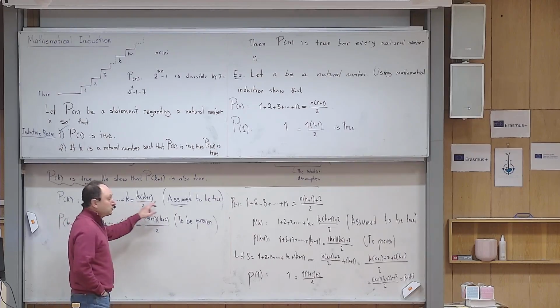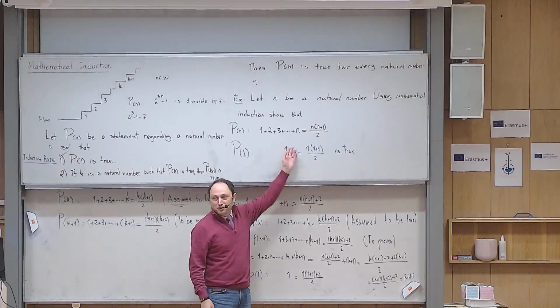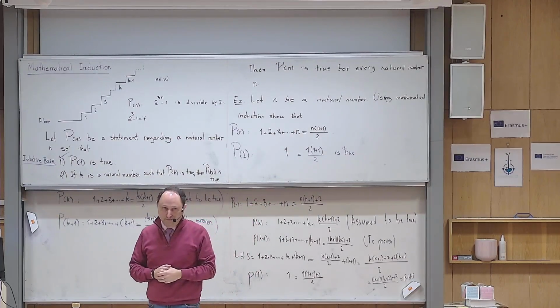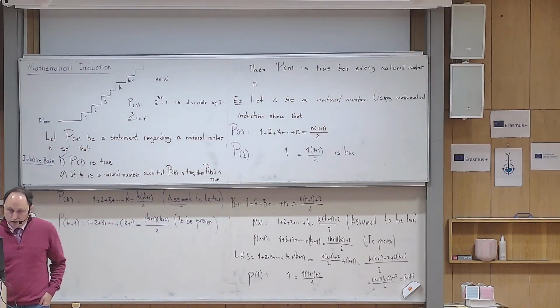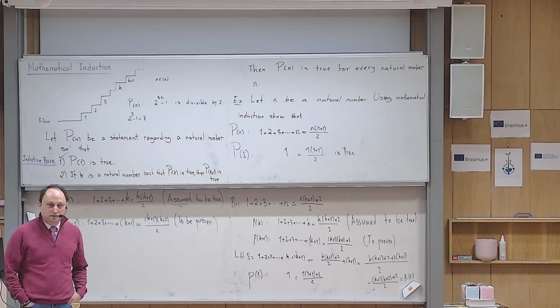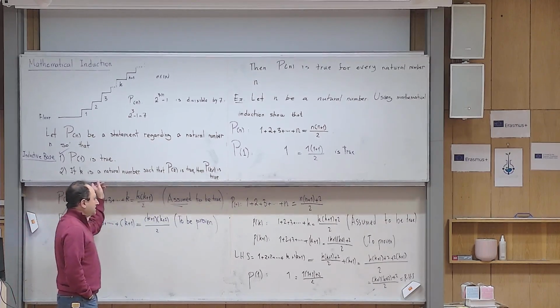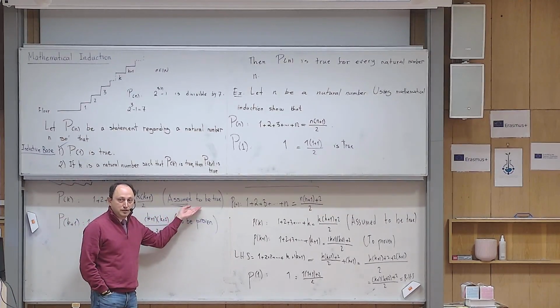Because if assumed to be true means to be true, then there is nothing left to prove, because the difference between these two is just a matter of the name n and k. Is that understandable? Do you think I need to repeat? I want you to say that the phrase assumed to be true doesn't necessarily mean it is really true.